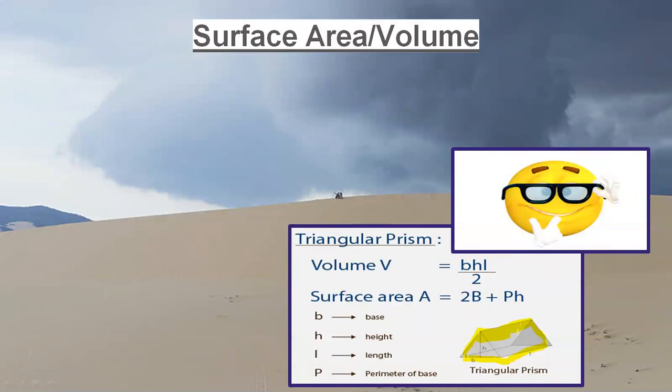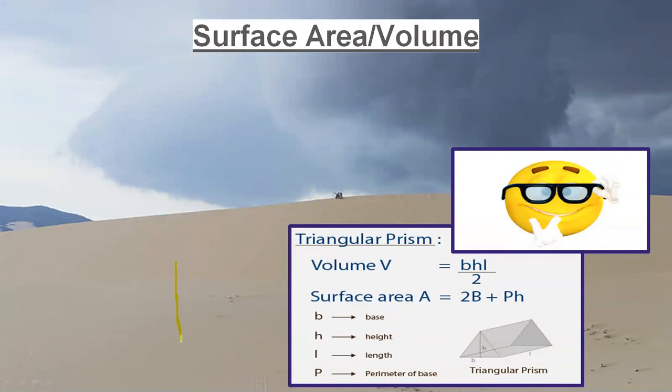Surface area means you are finding what is on the outside. If you are opening this 3D shape, you are able to understand this is my surface area. If you are finding it step by step, it's not necessary that it will be here or there.